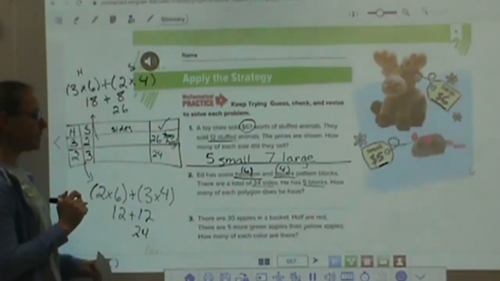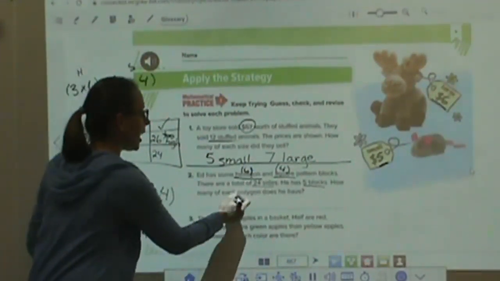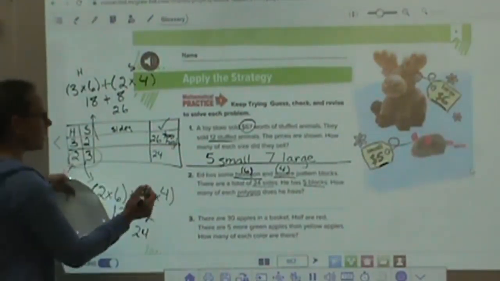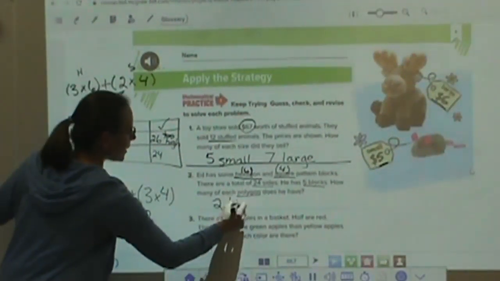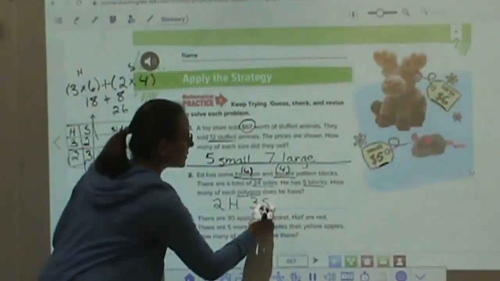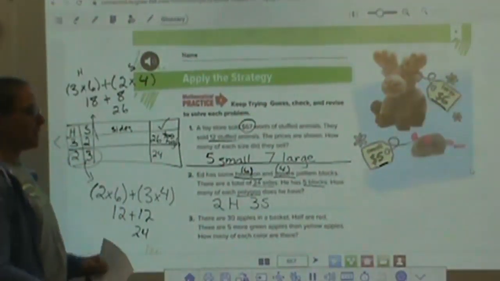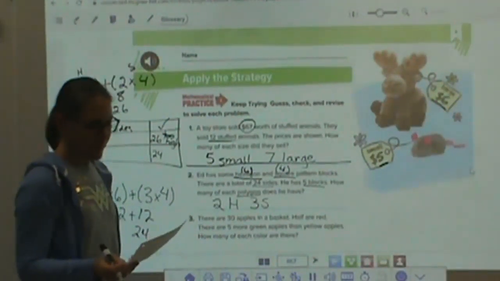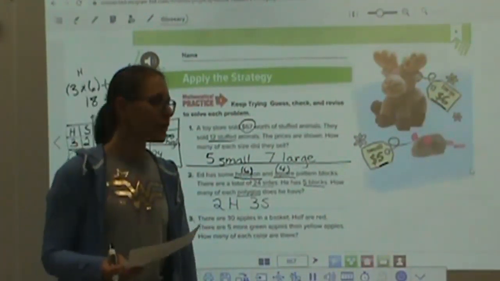So yes. How many of each polygon does she have? Let's go back here. She has 2 hexagons and 3 squares. Again, we had to guess and check a couple times there to figure that out. And that's what makes this lesson a little bit tough.